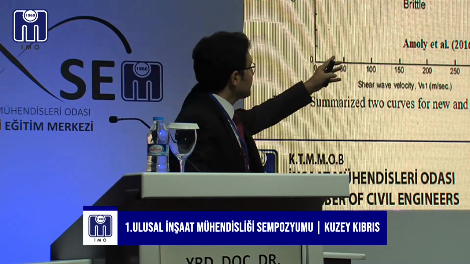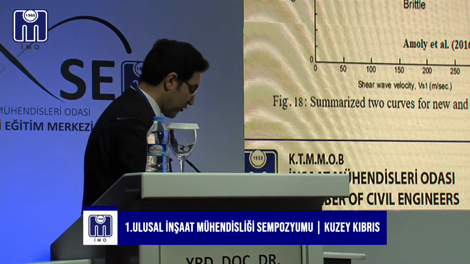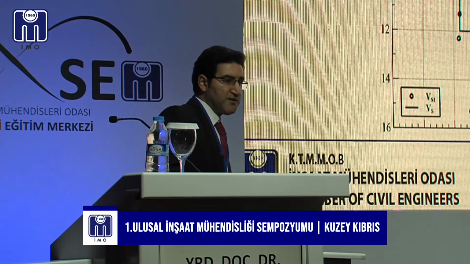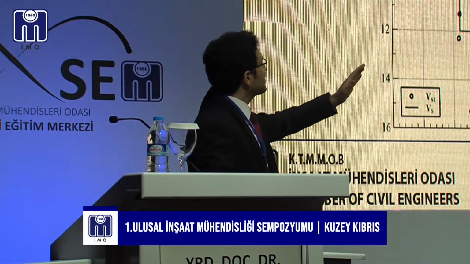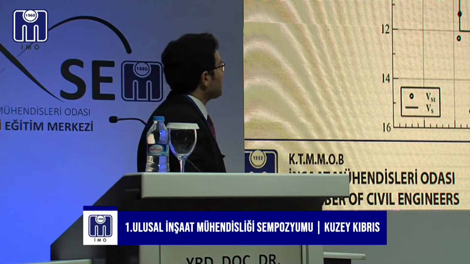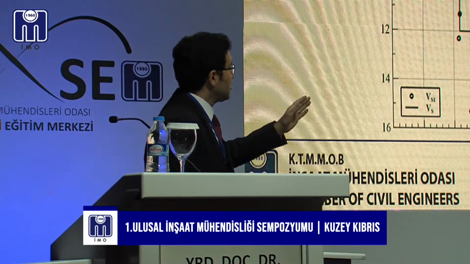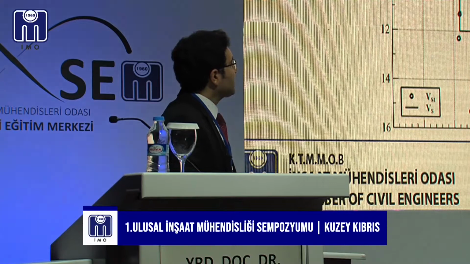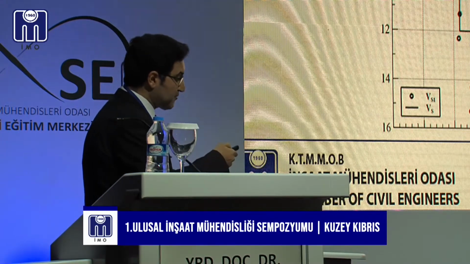For this curve, we can find the upper level as 240. For verification of our chart, we compare the FL, the factor of safety from the shear wave velocity, with the factor of safety from the N value. We can see good agreement between them.